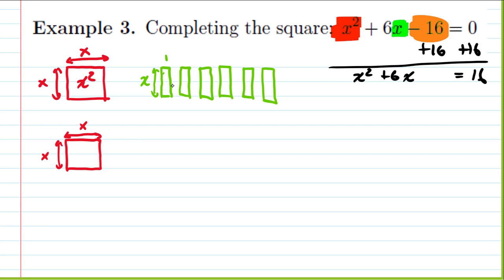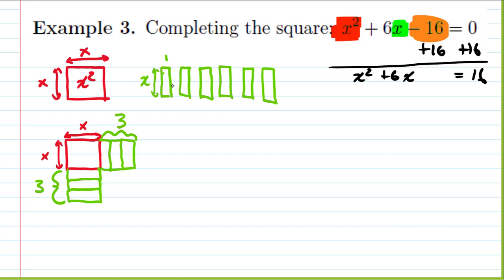Well, could I put 4 of them here and 2 of them here? The answer is no, because if I did that, that wouldn't be a square, right? One side would be longer than the other. I'd be building a rectangle. So in order to build a square, I have to put the same number of rectangles on each side of this square, and they would have to align on the x side to do this. So then each of these would then be 3.